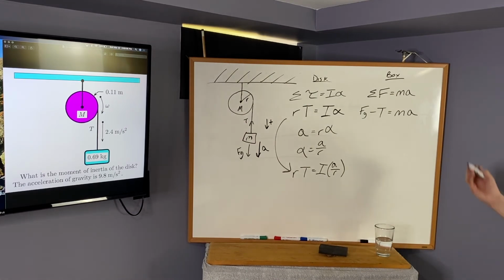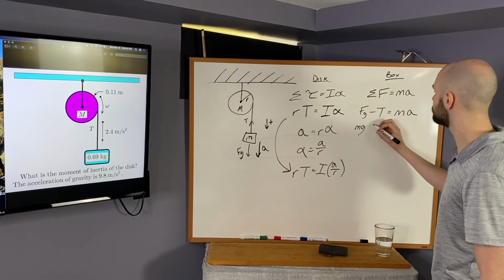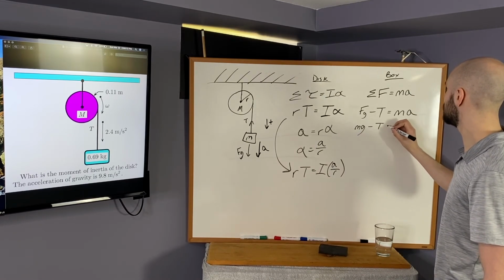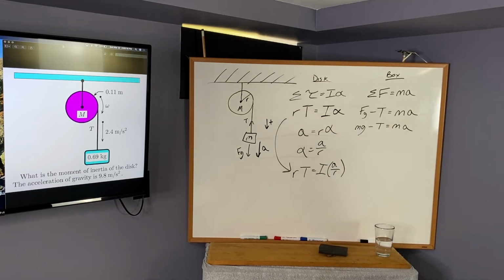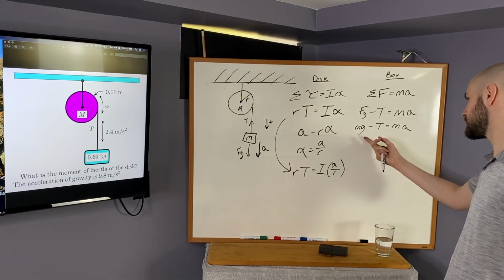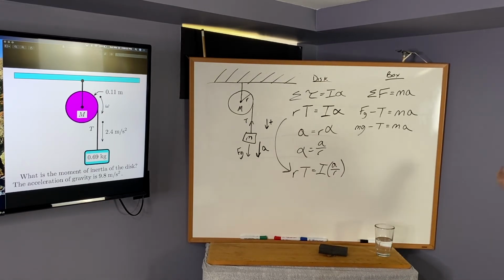All right, let's keep working through. So Fg of the box is going to be equal to little mg minus T is equal to little ma. This is looking promising because we know the mass of the box, we know the acceleration due to gravity, and we know the acceleration of the system.